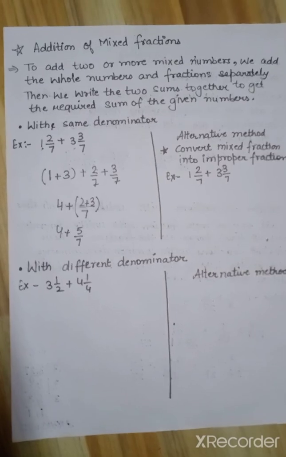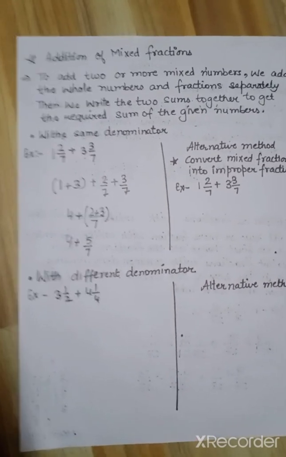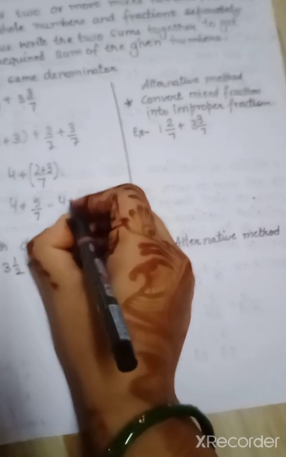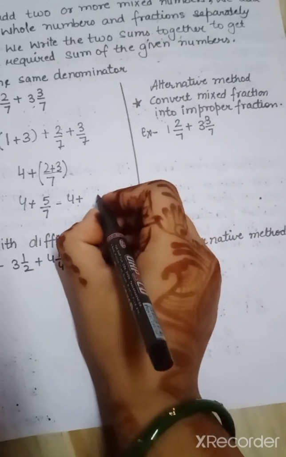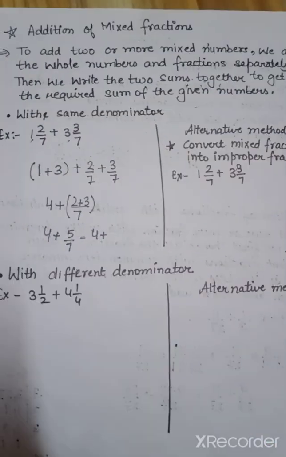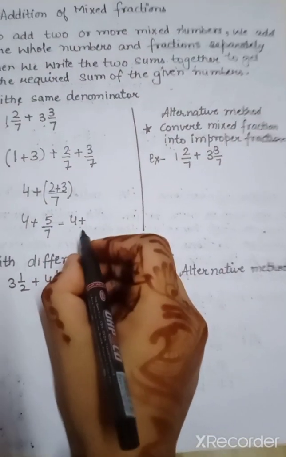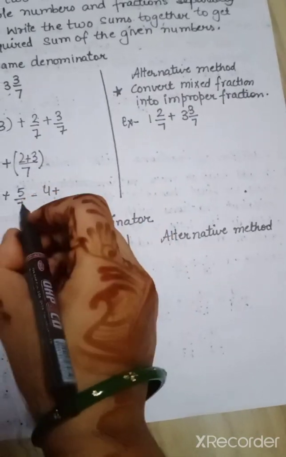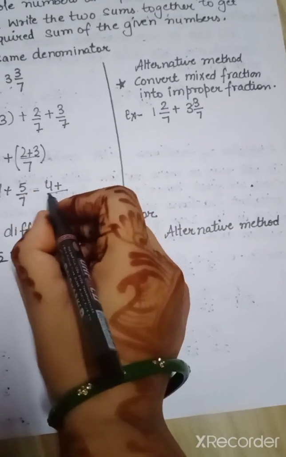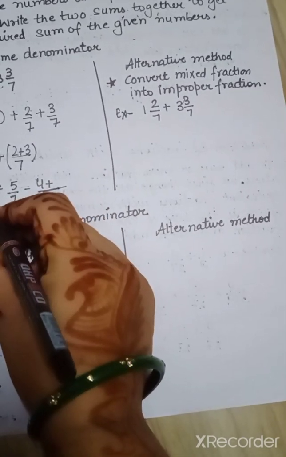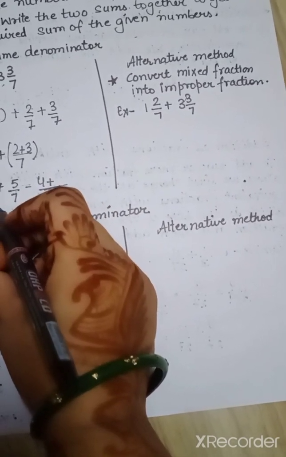Now how to do it? I can now write 5 by 7. I will write 4 plus 5 by 7 like this. Now I will write 7 as a common denominator, and if nothing is mentioned here, I will take it as 1.